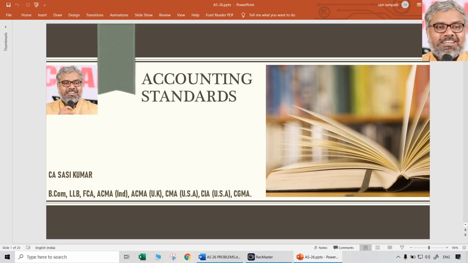And after the intangible asset is recognized, how to amortize it over its useful life and how to present it in the balance sheet at a carrying amount, which is nothing but original cost less accumulated amortization less accumulated impairment losses.